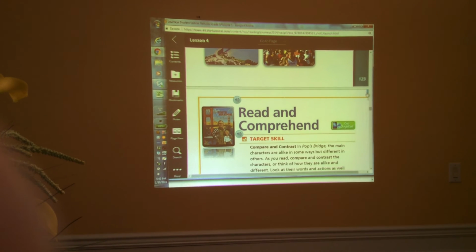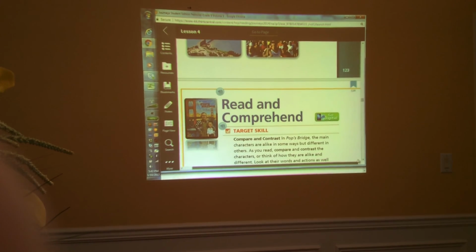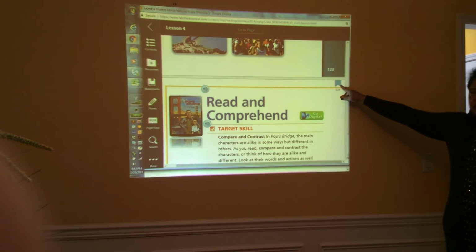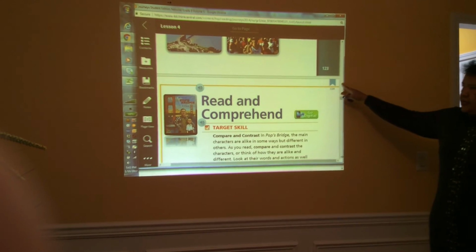We'll go back to that read and comprehend page. Over here to your right, you can see I clicked at the top of the page, and now that page is bookmarked. So if Charlie needs to come back to that page, it will be easy to find.